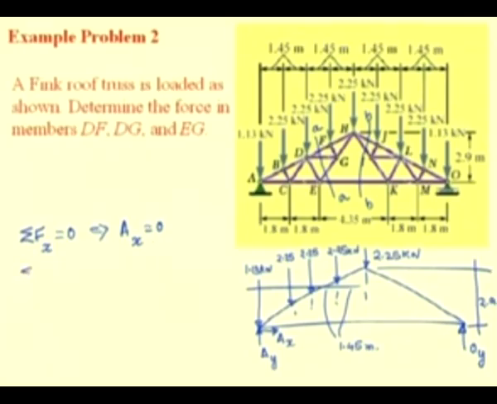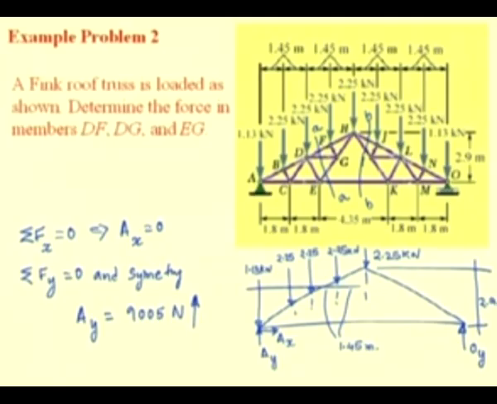Now, by using this equation sigma Fy equal to 0 and the symmetry that exists, we see that this reaction Ay has to be half the total load that is acting on the truss. We determine Ay to be 9005 newtons upward in this case.